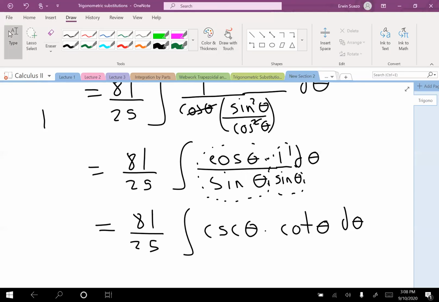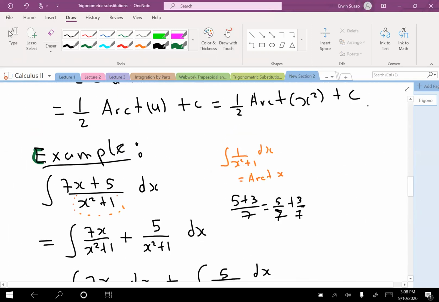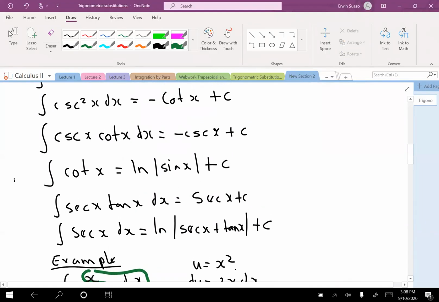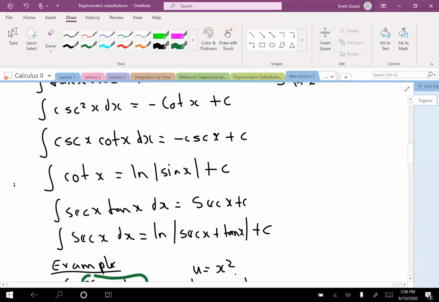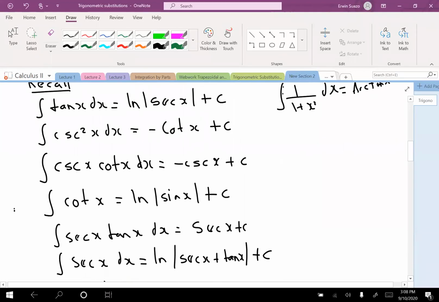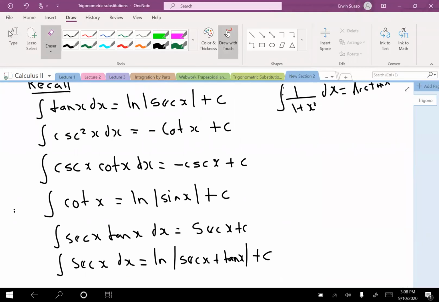If you go back to the formulas I put at the beginning, you'll see that integral: cosecant times cotangent. The antiderivative of that is minus cosecant.